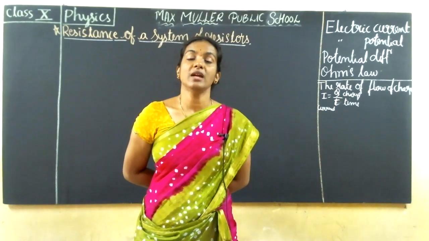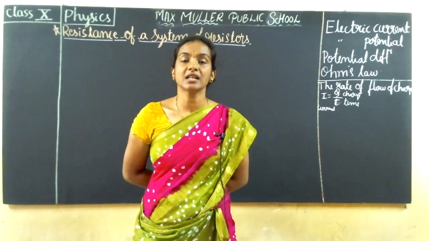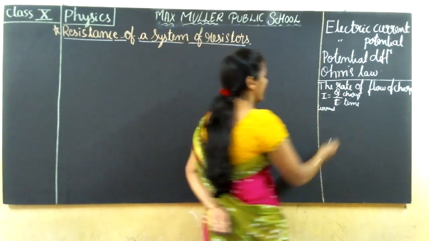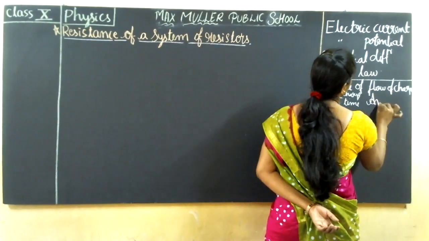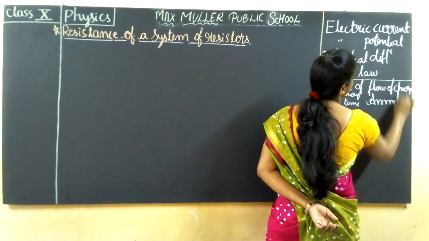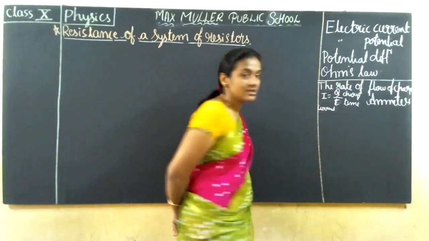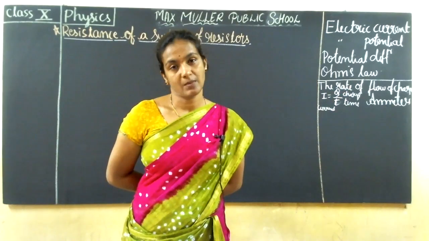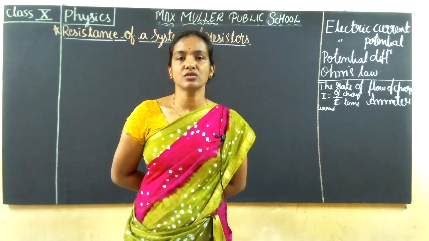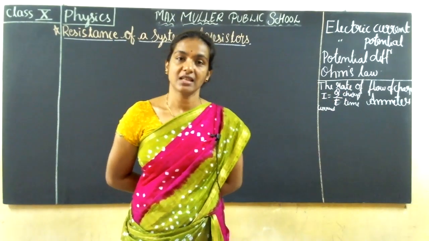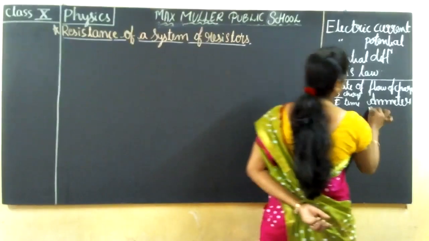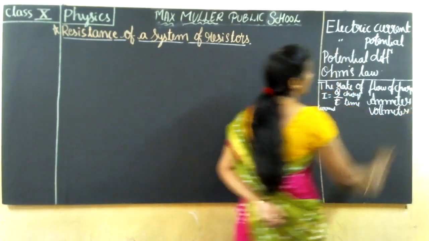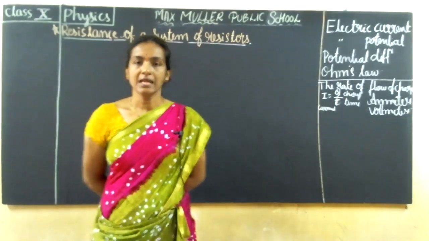That is the ammeter. What is the instrument used to measure potential difference? That is the voltmeter.